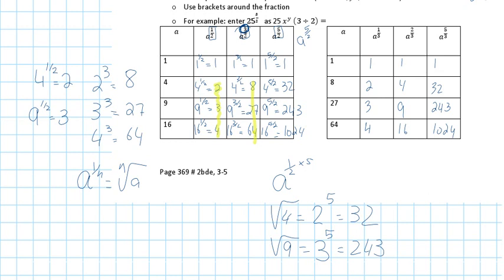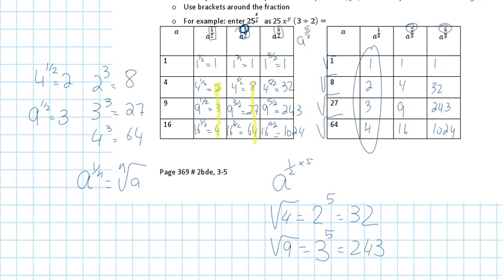That's going to happen in this case as well. So what I'm doing is square rooting this, so I get this answer right here, and then I'm raising it to the power of 2 or to the power of 5.